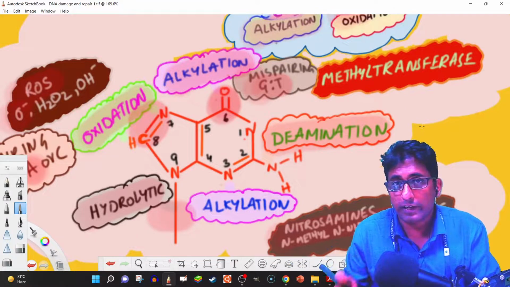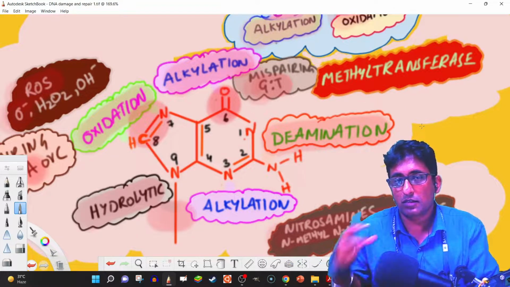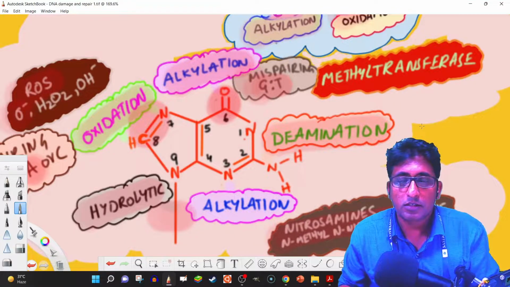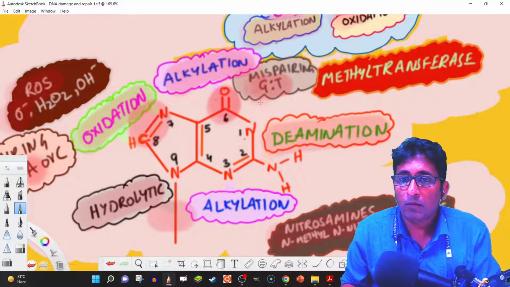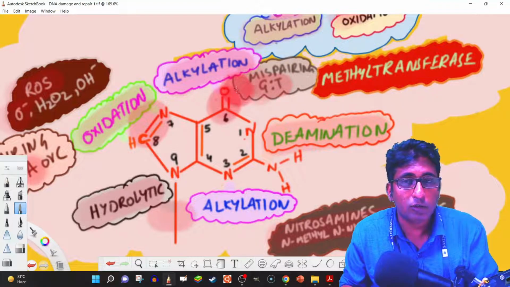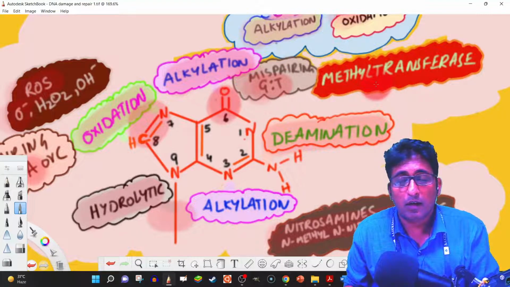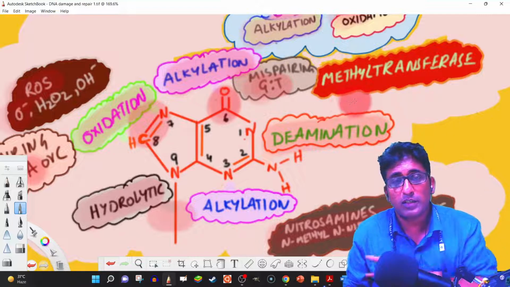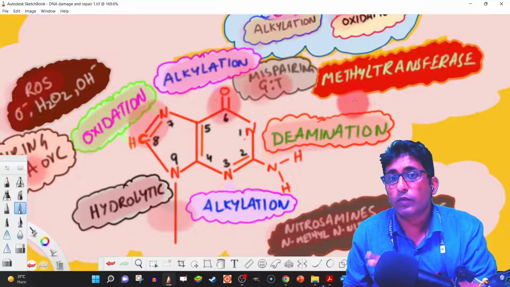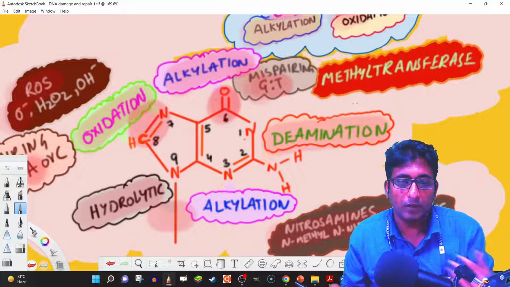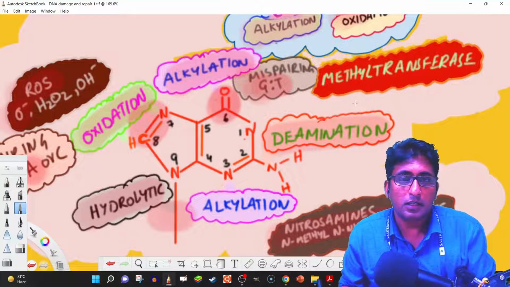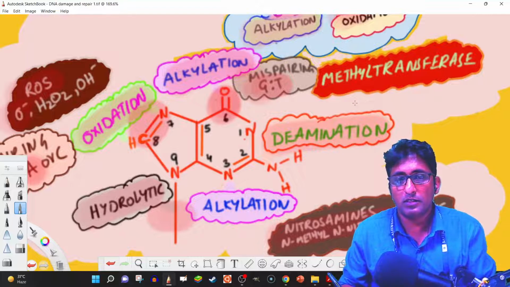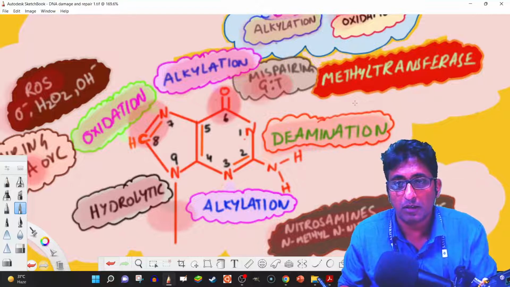Of course, this is a very expensive one, because to synthesize methyltransferase, the cell would have spent some energy and resources. Just because it removed one methyl group, after the transfer of the methyl group onto itself, the whole enzyme is going to get degraded. It's a very expensive way, but it is worth it, because mutations usually are detrimental to the cell.